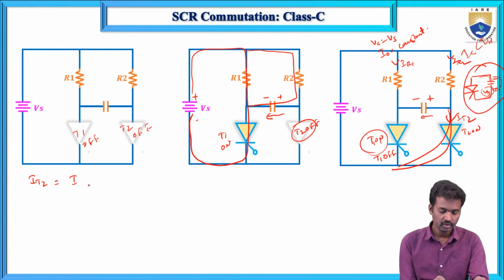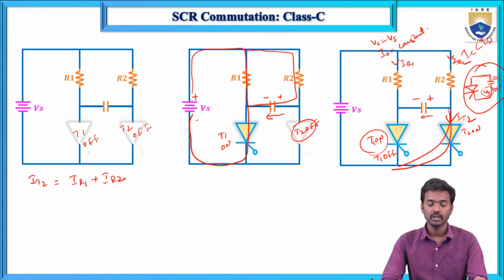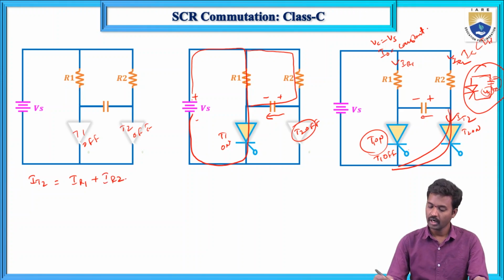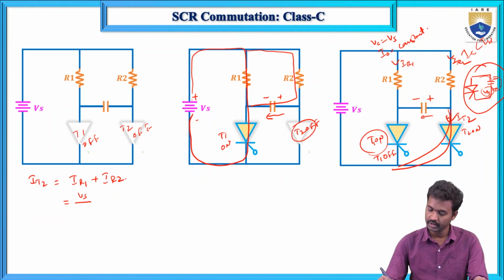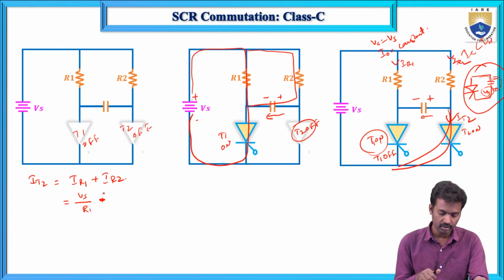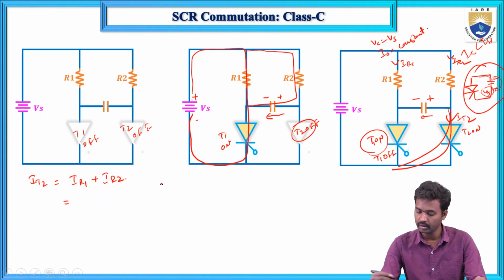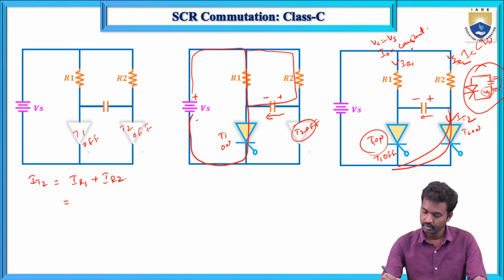IR1 equals Vs by R1, and this is minus, since this part is short circuited.